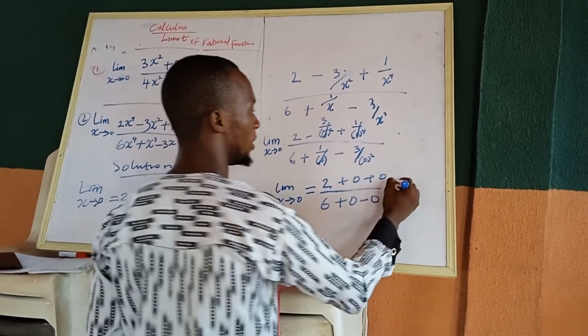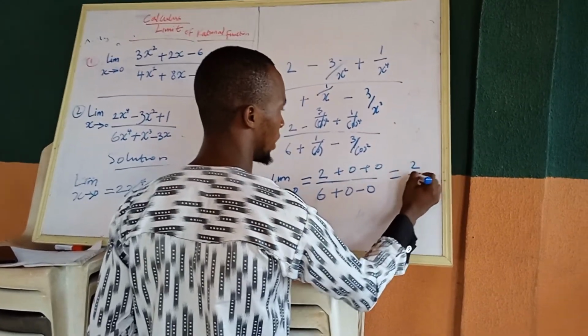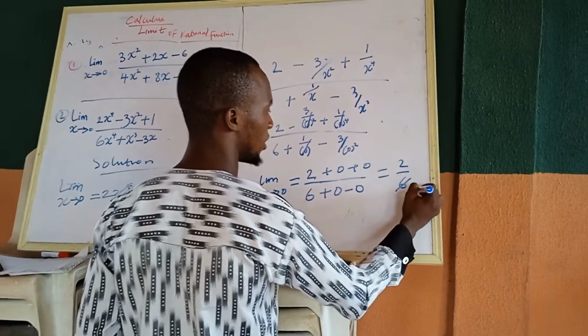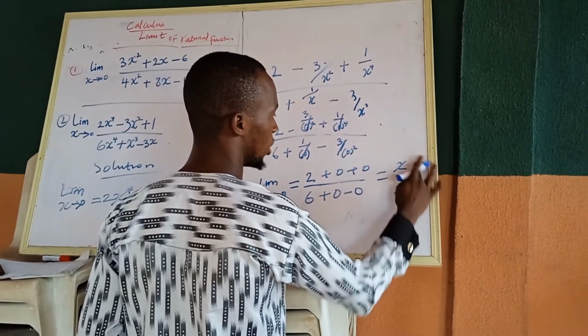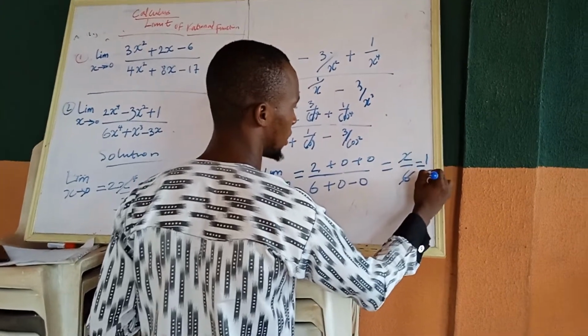That gives 2 over 6, which simplifies to 1 over 3.